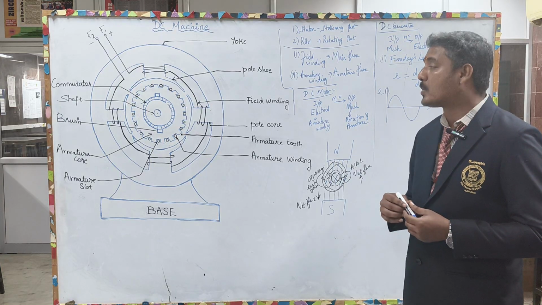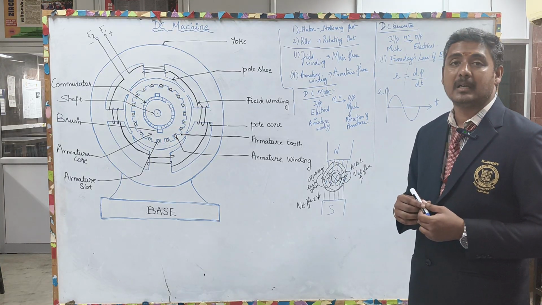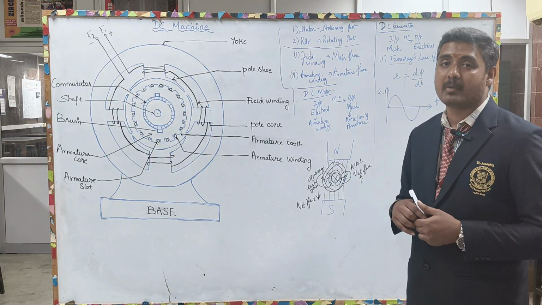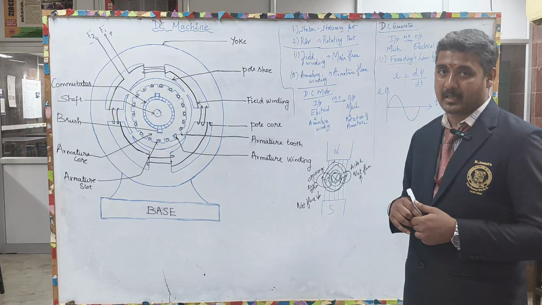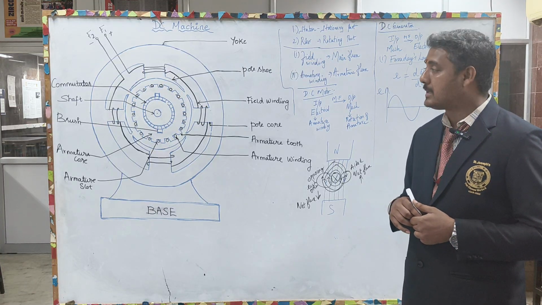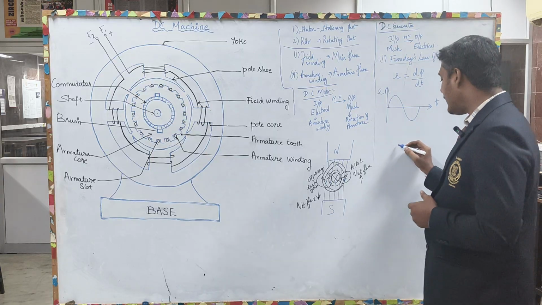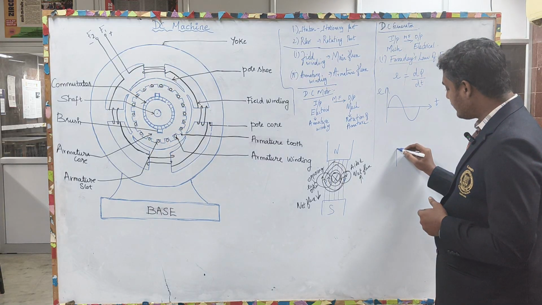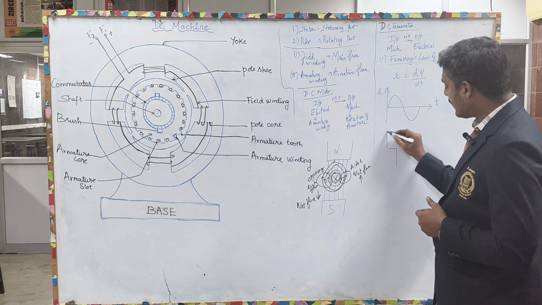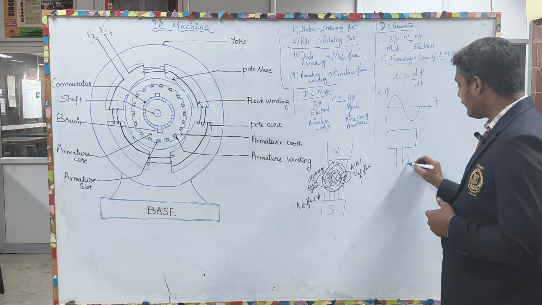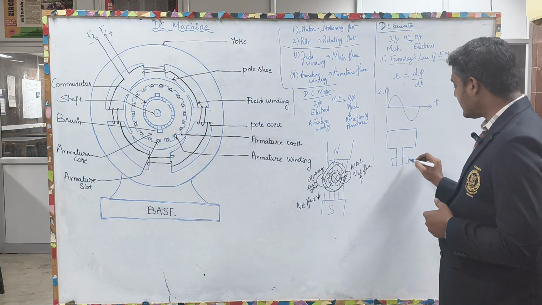The commutator rotates with the armature, because the commutator and armature are interconnected with each other, but the brush remains stationary. Assume that you have a single turn coil, and you have a brush here.